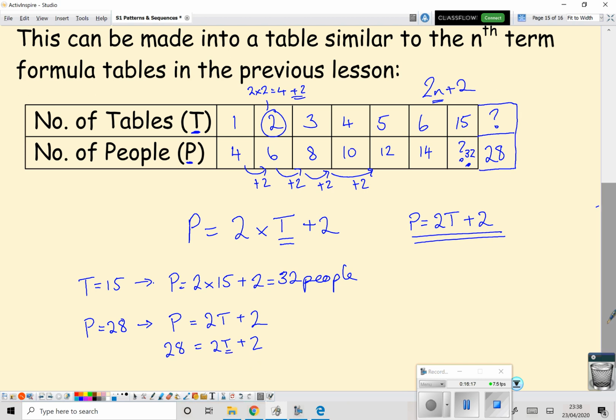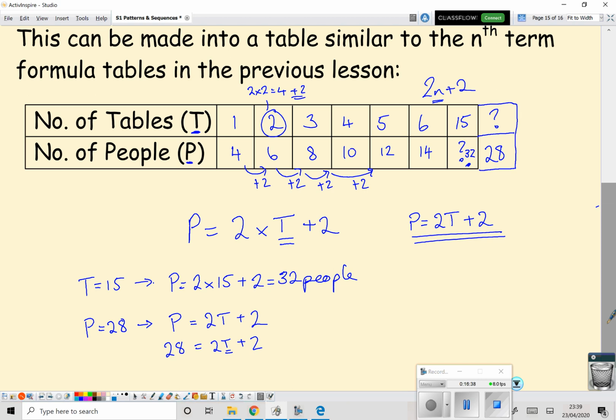Now, we're going to be looking at equations in the next topic, but you should have done some form of equations at primary school. So I'm hoping that this is an equation that you will be able to solve, perhaps not in the method I'm about to show you, but you might have your own method.